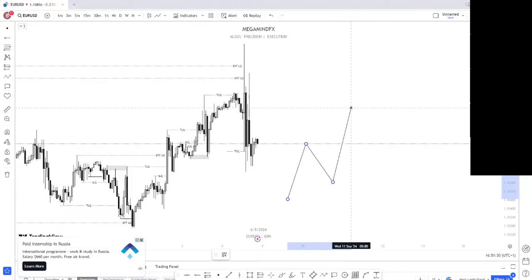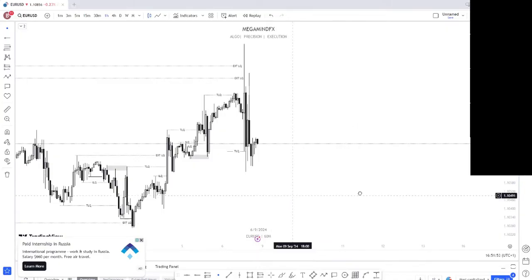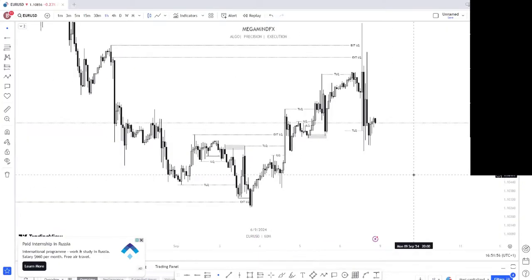If you look at my chart very well, you find me marking EXT, which means external liquidity, then transactional liquidity, and then internal liquidity. This is the very basic concept. You don't have to do much. Anytime you hop on your chart, you just want to find out what the higher time frame is saying and what kind of liquidity has been taken.